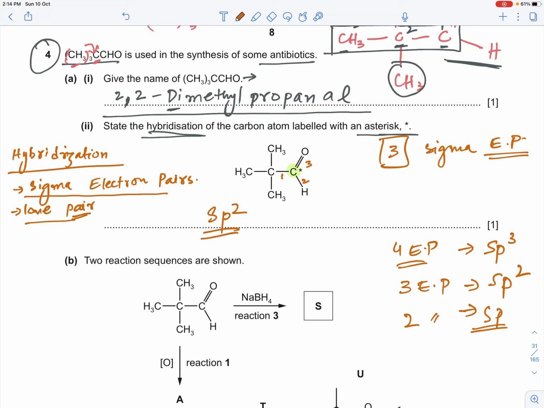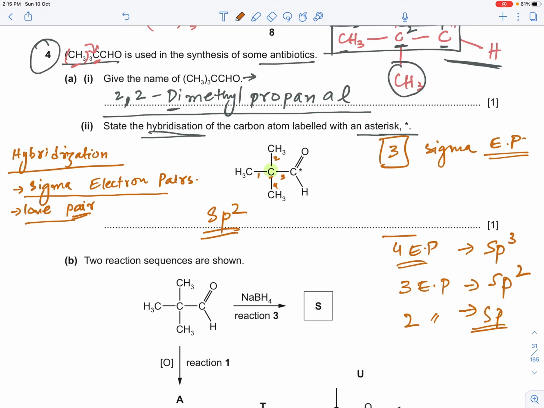For example, if they ask us the hybridization of this carbon, we have to count the electron pairs around this carbon. So 1, 2, 3, 4. Again, no lone pairs present here.